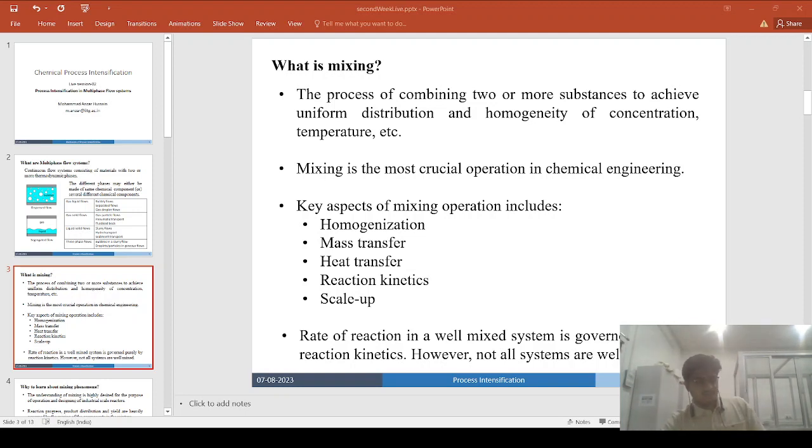Then we extensively discussed reactive distillation multi-phase flow systems and multi-phase microreactor systems. Now, if you notice, what is the key behind process intensification in such multi-phase flow systems? The key behind all of this is mixing.